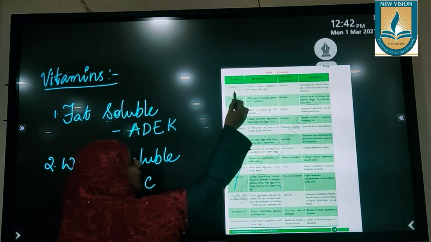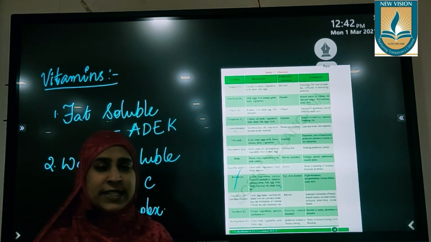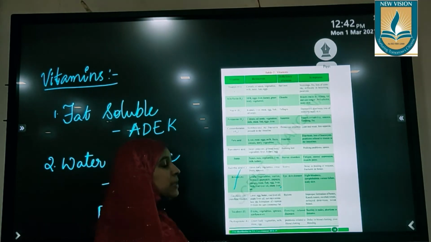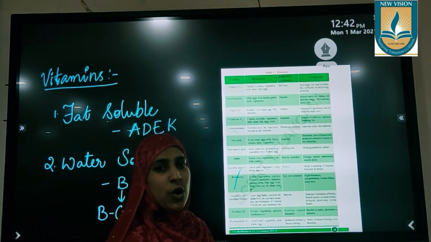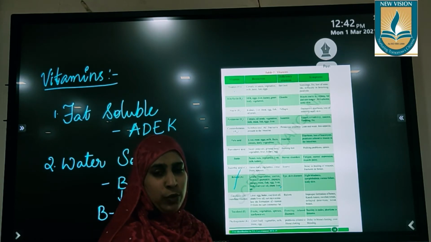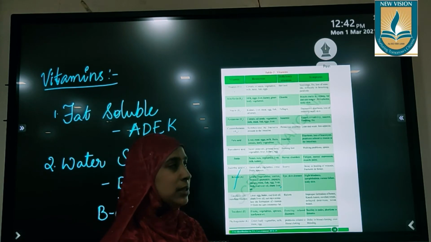First one, thiamine, also called vitamin B1. This vitamin is present in cereals, meaning rice, wheat, and all those staple foods where we get more carbohydrates.